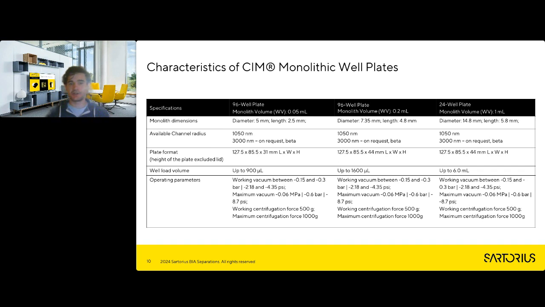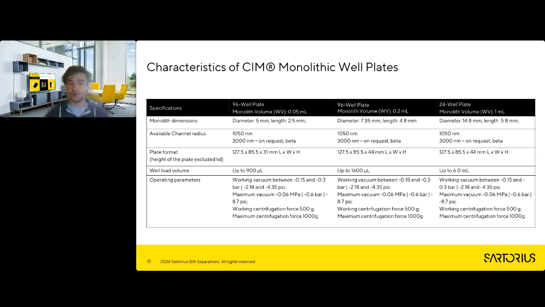So, the characteristics of our well plates. We offer 96 well plates in two different formats, two different volumes: a 50 microliter monolith inside each well, or a 200 microliter monolith inside each well. The 24 well plate has a 1 milliliter monolith inside each well.